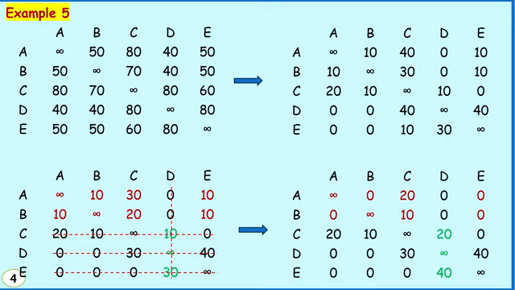The 10 is the minimum value which is not covered, so you subtract all the uncovered elements with the minimum value. Then the digits in red color have been changed here. And there are green color digits which are having intersection, there we need to add 10. If you add 10 you will get this matrix.